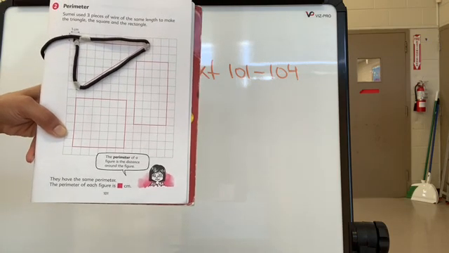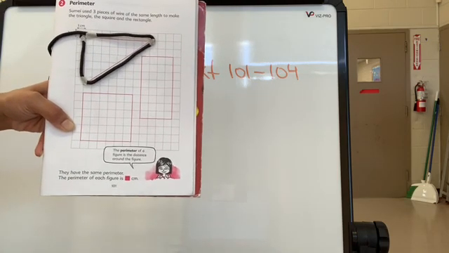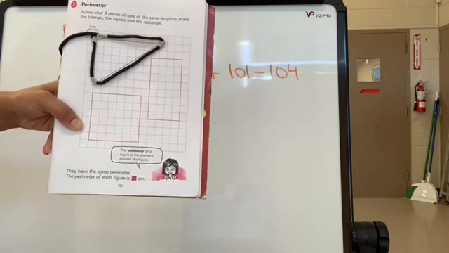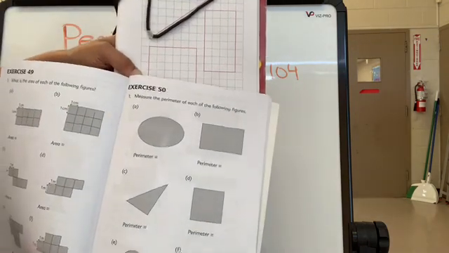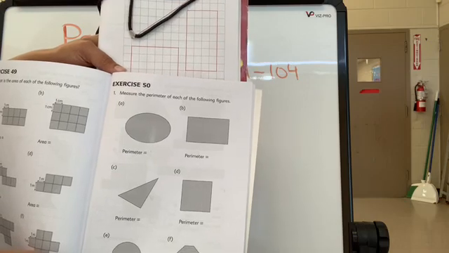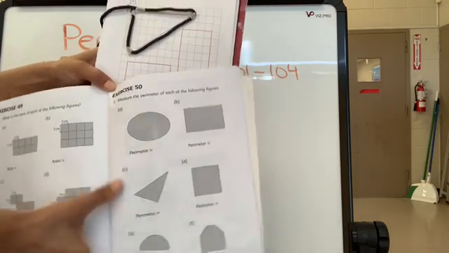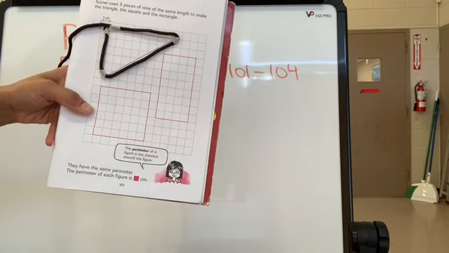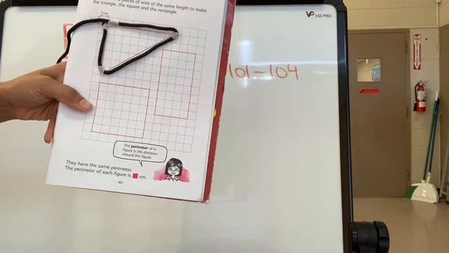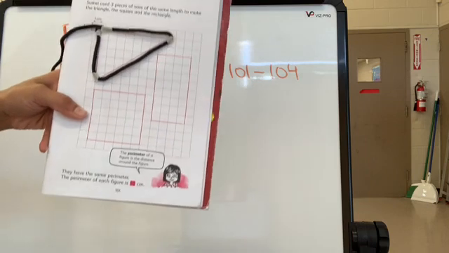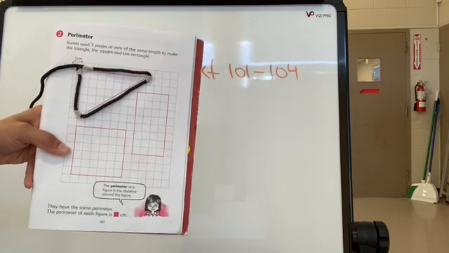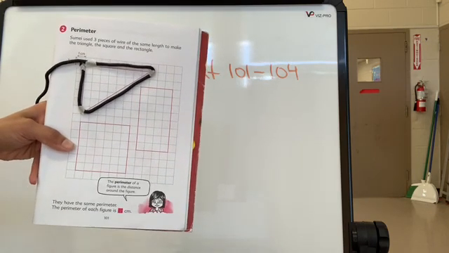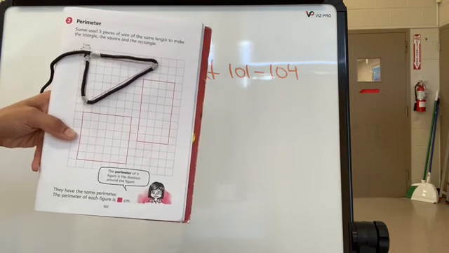It doesn't have to be a square or a triangle, it can also be a circle, as your workbook shows in figure A. It's a circle and they're asking you to measure it. Well, perimeter is basically the length of the whole shape or figure, the distance around the entire picture.